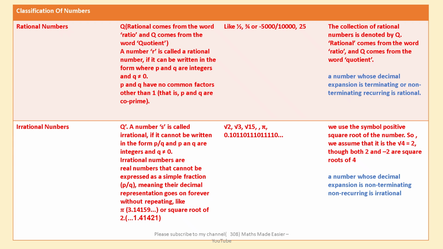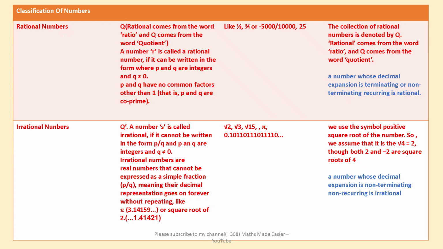Apart from the rational numbers on the number line, there could be so many other numbers which are classified under the irrational numbers. A more specific definition of a rational number: if a number is represented with a decimal expansion, and if the quotient is terminating, or if it is non-terminating but recurring, then we call that number a rational number.